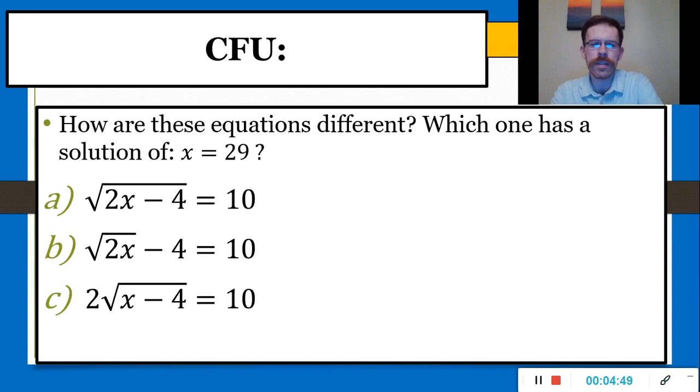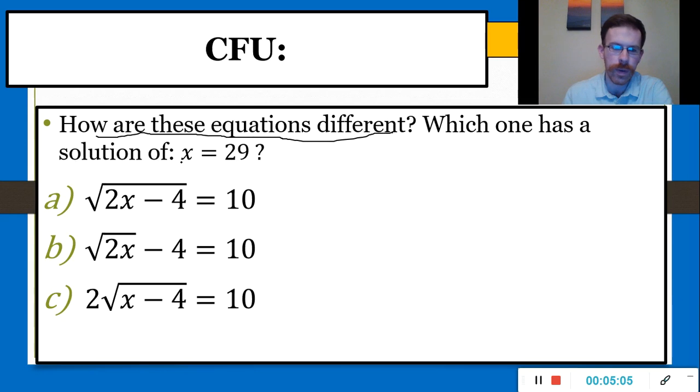So I have something like this. If I look at this check for understanding, it says, how are these equations different? Which one has a solution of x is equal to 29? There's multiple ways that we can work on this one. Tackling the first question, how are these different? They're different because there are different orders to the equation. They all say 2x minus 4, and they all have a square root.